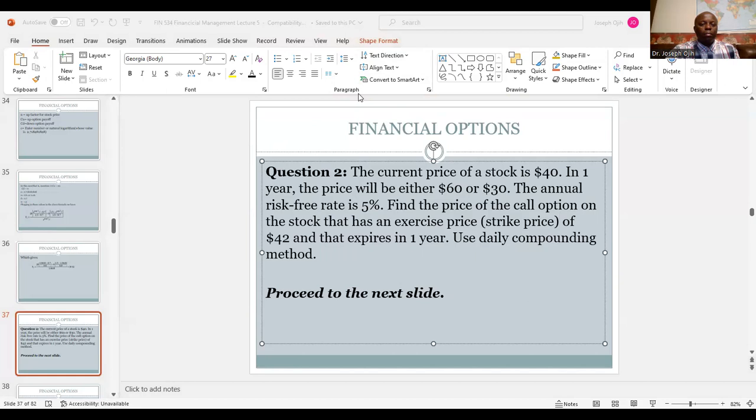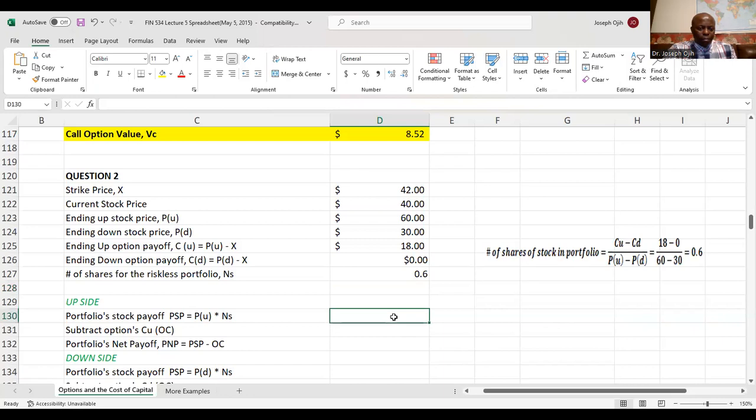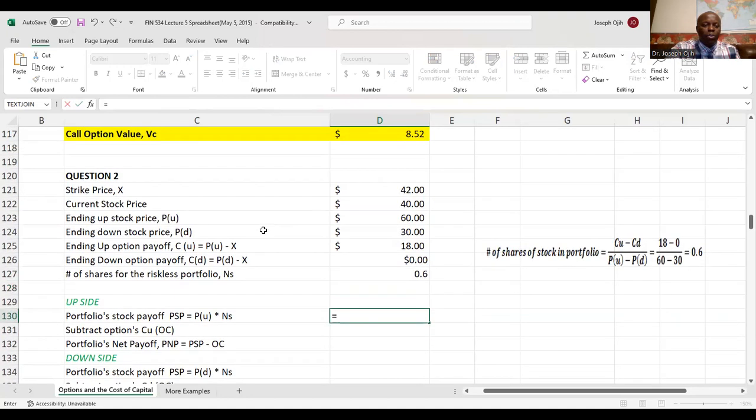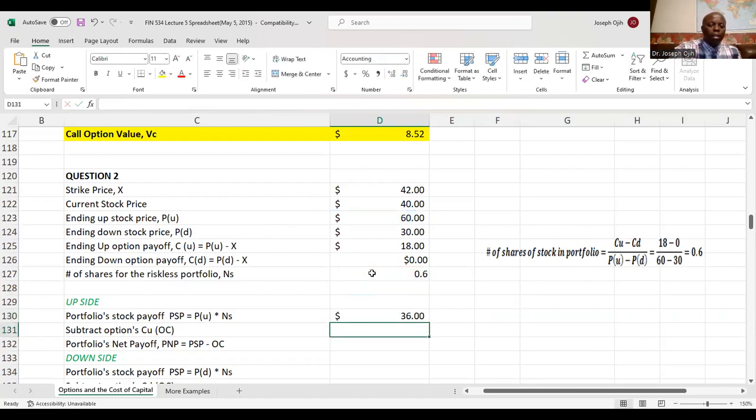Let's go back. So now, on the upside, we're looking for the value, so we're going to get this up and down side. On the upside, we have the portfolio stock payoff, PU times NS, and our PU is right here times the NS, which is the number of shares for the portfolio.